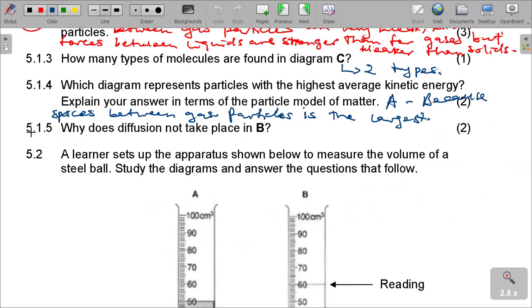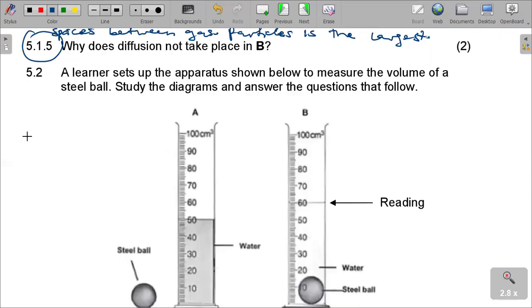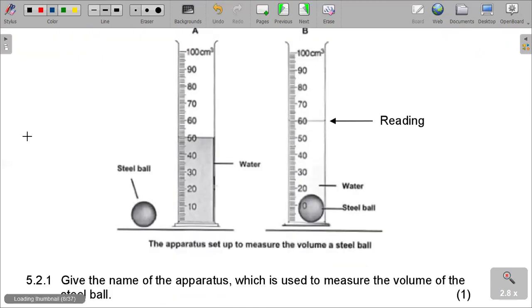That is question 5.5. Then Elena set up the apparatus shown below to measure the volume of a steel ball. Study the diagram and answer the questions that follow. We have those apparatus there, and we are given the reading measurement.